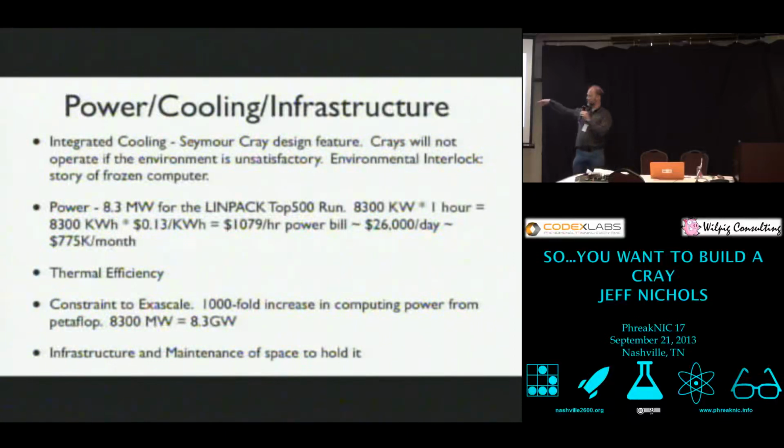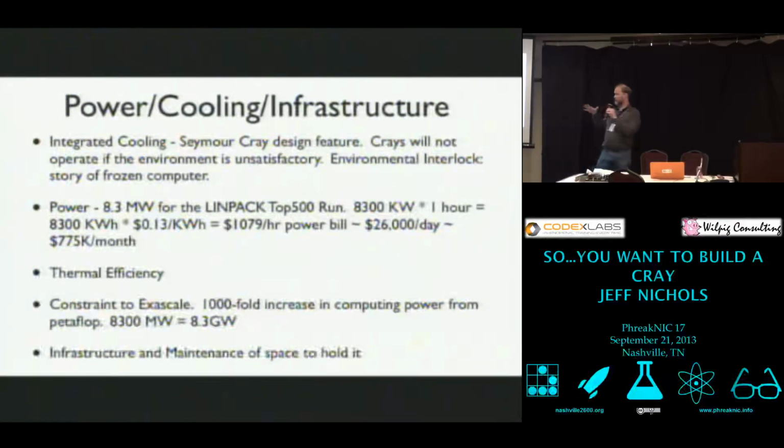Somebody asked about Cray power. 8.3 megawatts was used for the LINPACK run, the Top500 run, when everything's lit up and running. If I did my math right, 8,300 kilowatts times an hour is 8,300 kilowatt-hours.